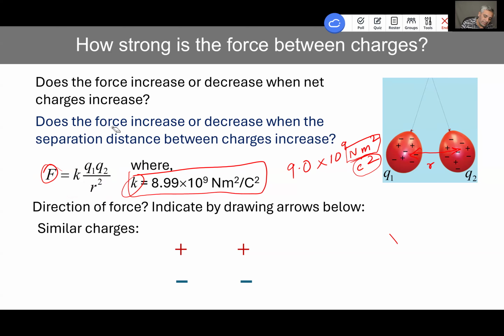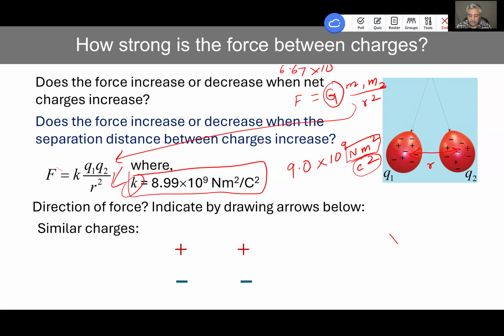Looking at this equation, you may recall the force of gravity equation. Force of gravity is because of the mass of the objects. See how they are basically the same equation. The only difference is masses versus charges. Another big difference is the constant, the gravitational constant, which is very small in value.